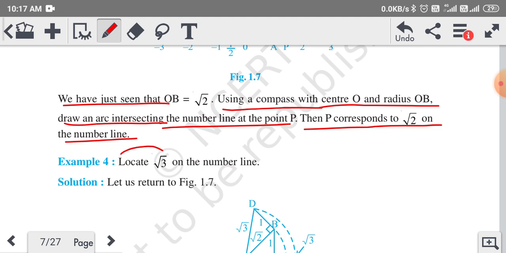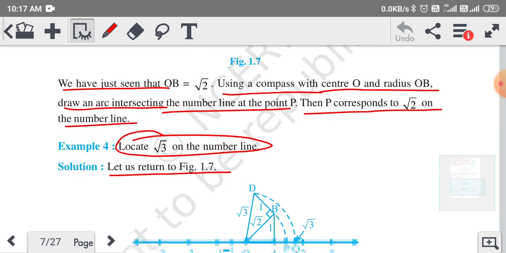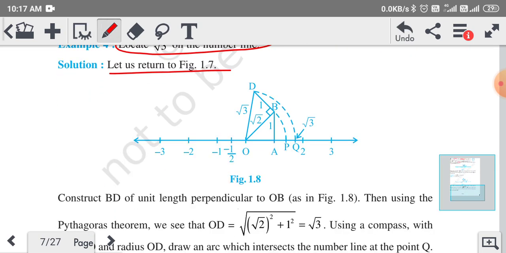Next, locate root 3 on the number line. Let us return to figure 1.7. Construct BD of unit length perpendicular to OB.